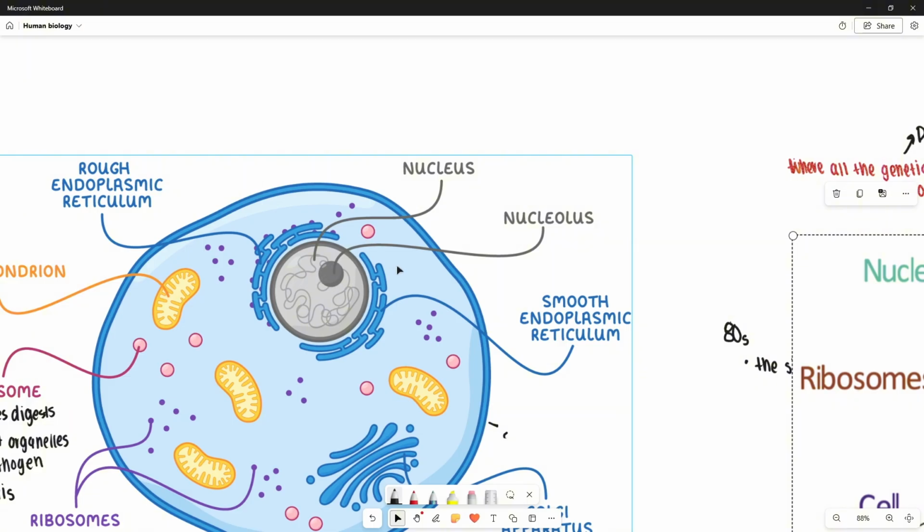This is the nucleolus, and it produces ribosomes. That's the basic answer for you. And you know what ribosomes do? They're the site of protein synthesis.